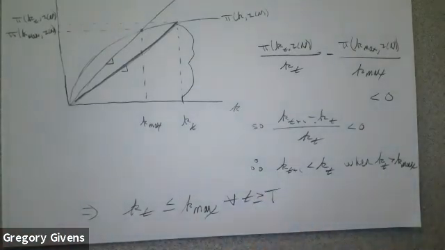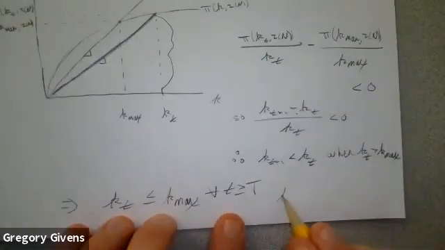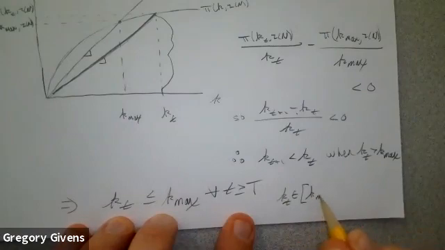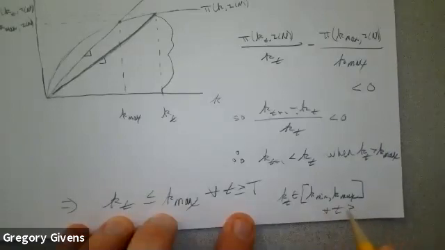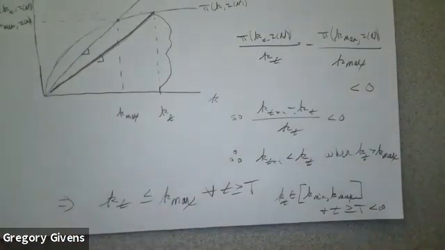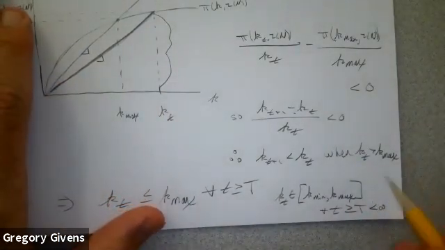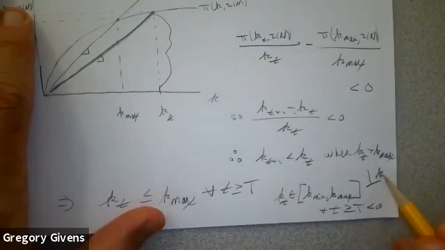We've basically proved then that K_t has to fall somewhere between K min and K max for all t bigger than or equal to capital T less than infinity. And that this particular support of the random variable K is independent of initial capital and initial technology.